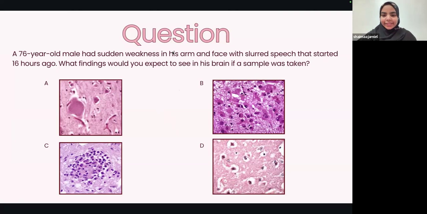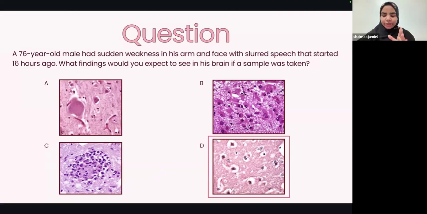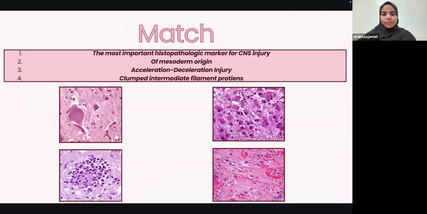D, okay. Perfect. D, red neurons, which usually appear between 12 to 24 hours. After that, you're going to have the infiltration of neutrophils and other cells. And then after that, you're going to have the scars. After around 2 weeks, you're going to have gliosis.